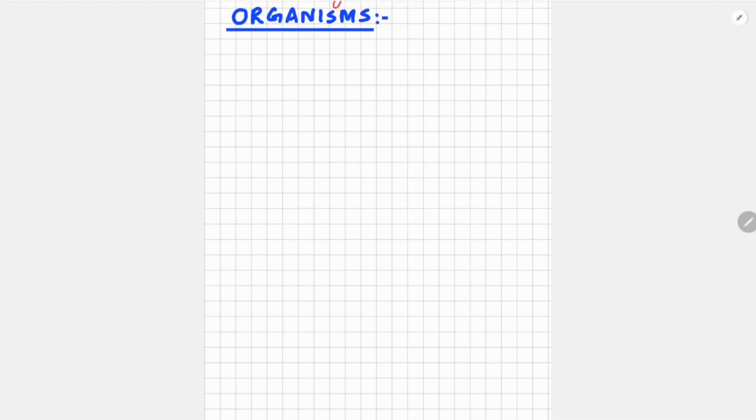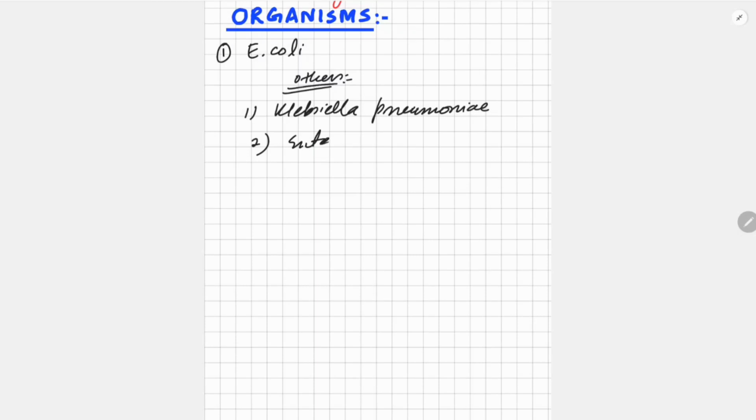Now, coming to the causative organisms. The first organism which is responsible for causing UTI is E. coli, and others include Klebsiella pneumoniae. Second one is Enterococcus species.